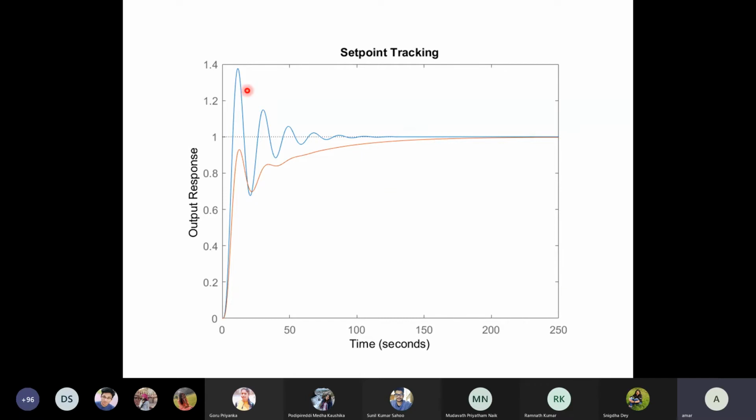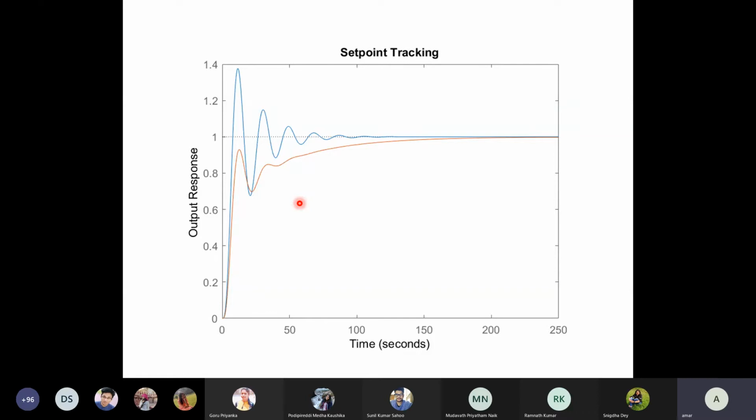So the Ziegler-Nichols tuning formula gives much more aggressive PID tuning values compared to Tyreus-Luyben. These two are based on the empirical tuning formula.